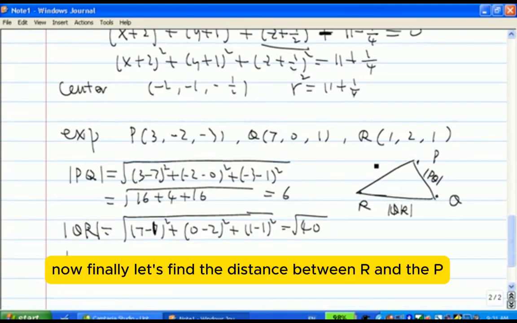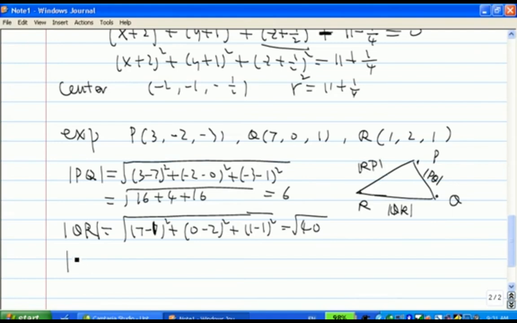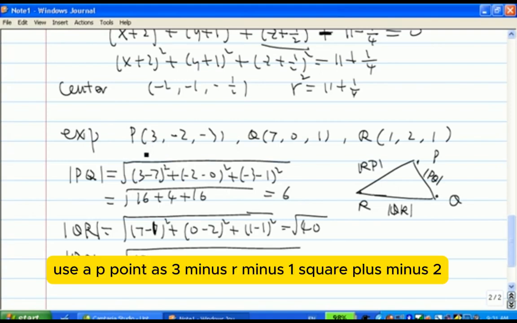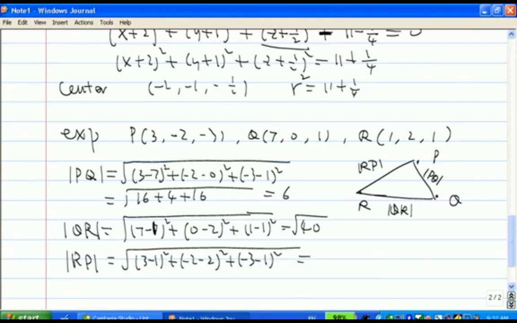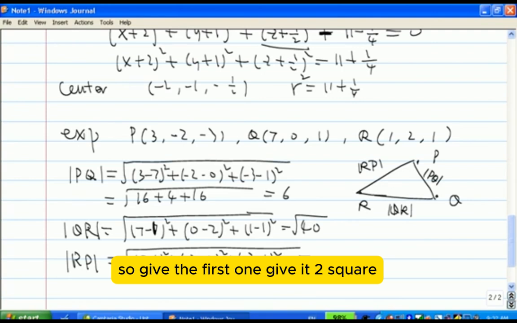Okay, now finally let's find the distance between R and P. R and P, square root, use the P point: (3 minus 1) squared plus (minus 2 minus ...) squared plus (minus 3 minus 1) squared. So the first one gives you 2 squared, then 4 squared, then 4 squared.